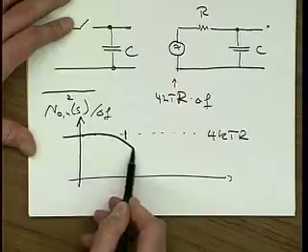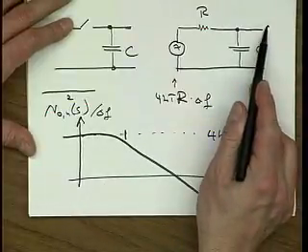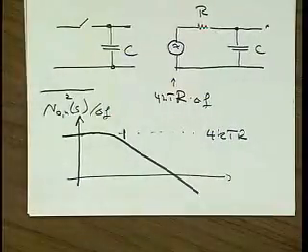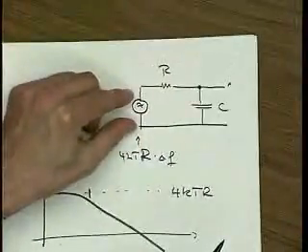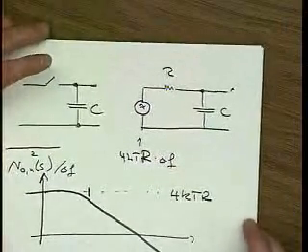And consequently, the noise at the output of this system, the noise that appears here while the switch is closed, is going to have a noise density that looks like this. It's simply the noise from the resistor filtered by itself and the load capacitance.